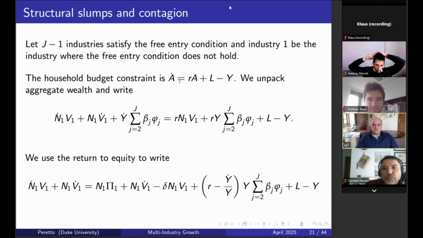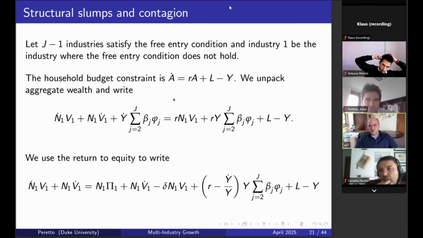This is how you do it. You look at the budget constraint of the household here, and then you unpack wealth, okay? And so you write the left-hand side as the sum of this term in industry one, and then the other terms. So all of the other terms remain as in the baseline model, because in the industries J from 2 to capital J, the free entry condition holds, okay?